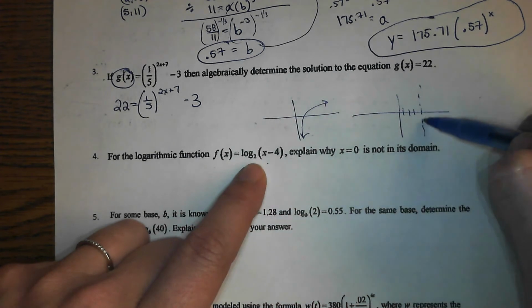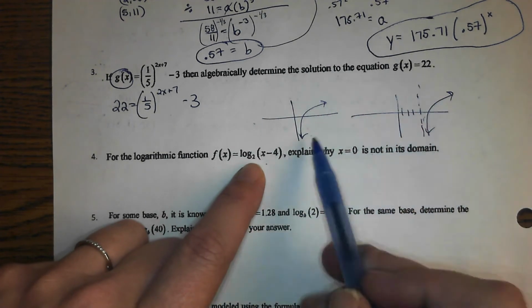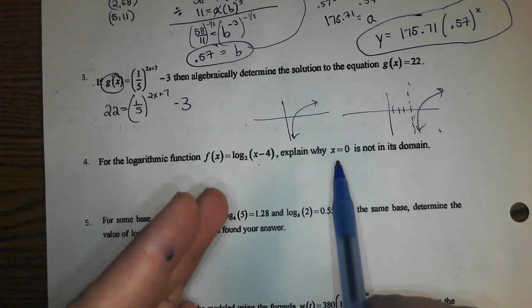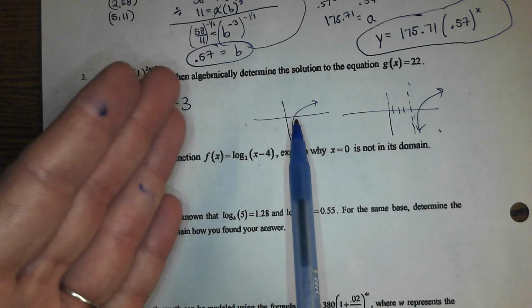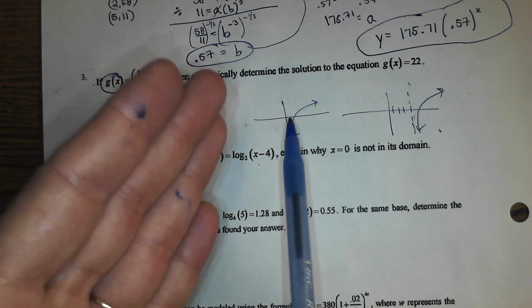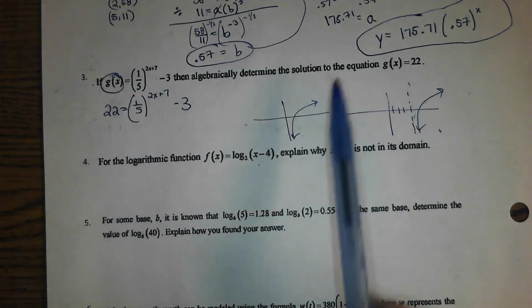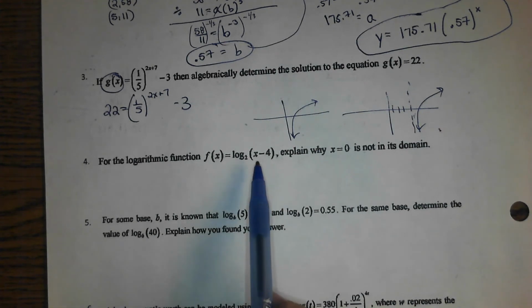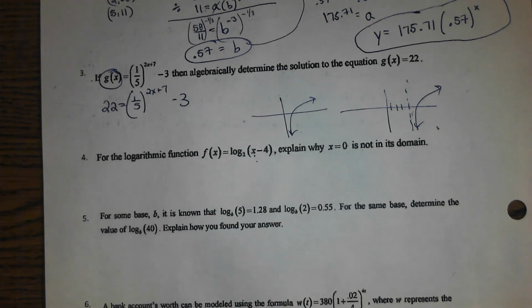So there's a way to describe it using transformations. It's not the way I was initially thinking, but you could say x equals 0 isn't in the domain because, well, it initially was an asymptote, but now that it's been shifted right 4, it even more so won't reach an x of 0. You can't take the log of a negative is the easiest one. Because if you plug in 0, you'd be trying to take the log of -4, which you can't do.